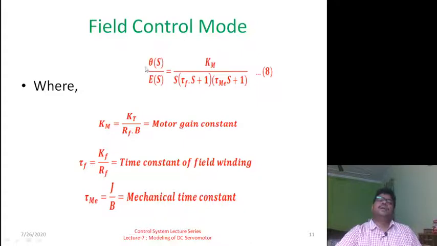So this is the transfer function of the DC servo motor in the field control mode, and that is theta(s) upon E(s) equal to Km upon s into (tau f s plus 1) into (tau m s plus 1).